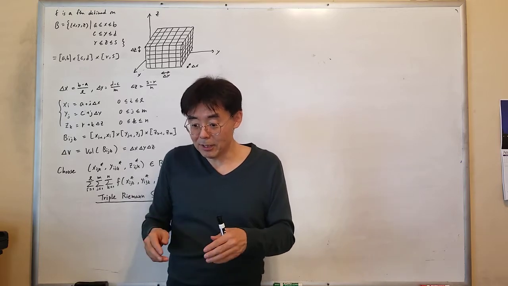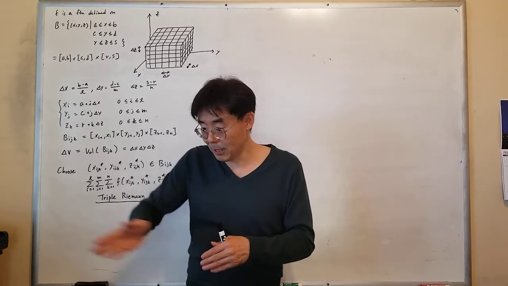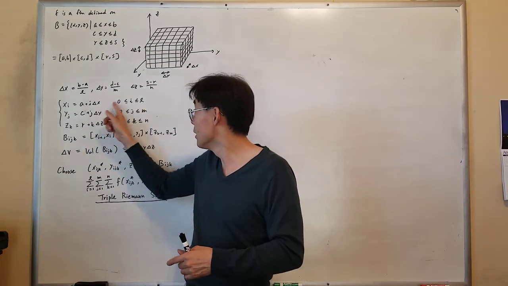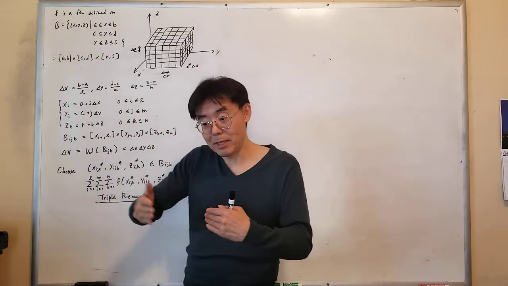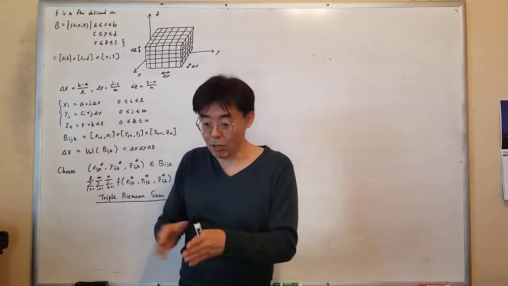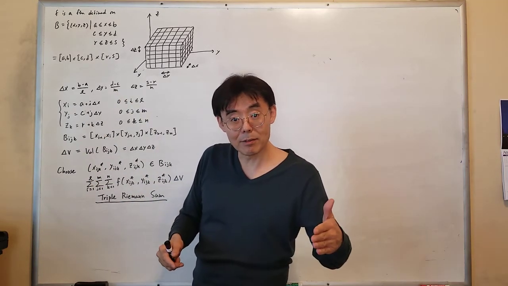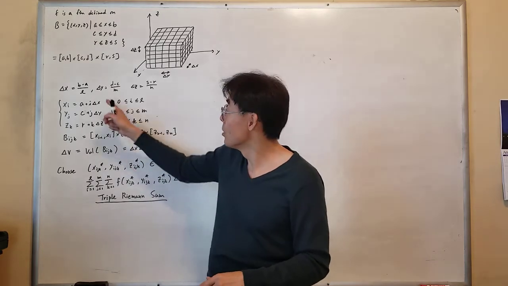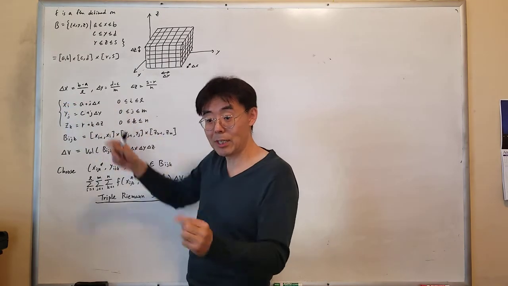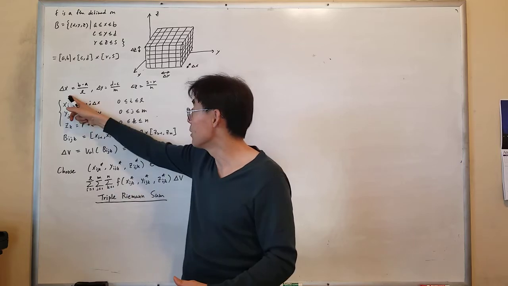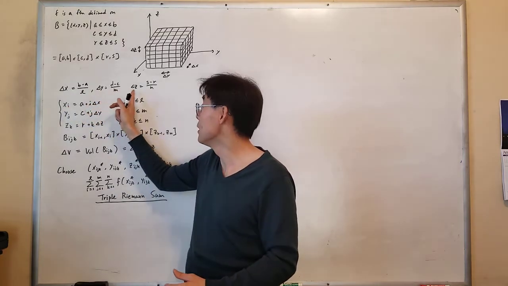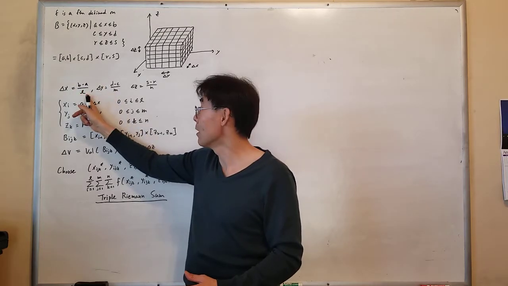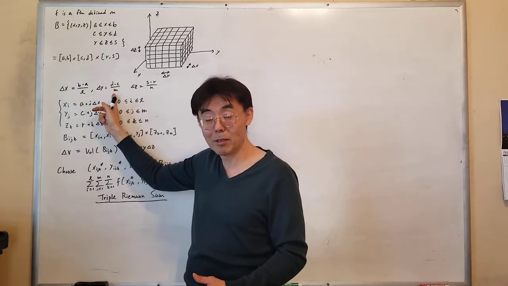Along the x-axis, from a to b, make a uniform cut into l many subintervals. Along y, m many subintervals. Along z, n many subintervals. So each subinterval along x has size delta x, along y delta y, along z delta z. That is the total length divided by the number of cuts.